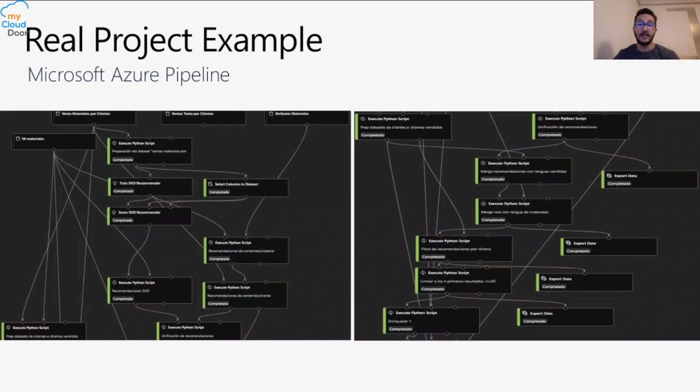And finally, the pipeline. For the final step of the project, we implemented a pipeline in the Microsoft Azure Machine Learning portal, using the designer to essentially contain the steps we talked about earlier.